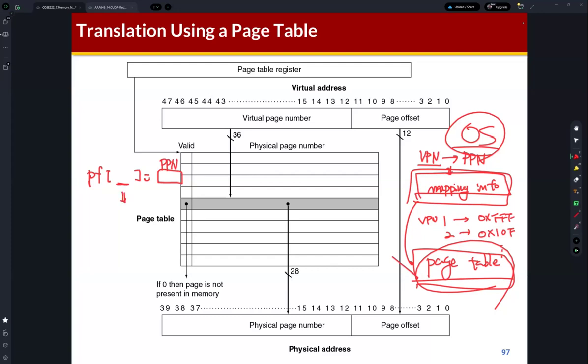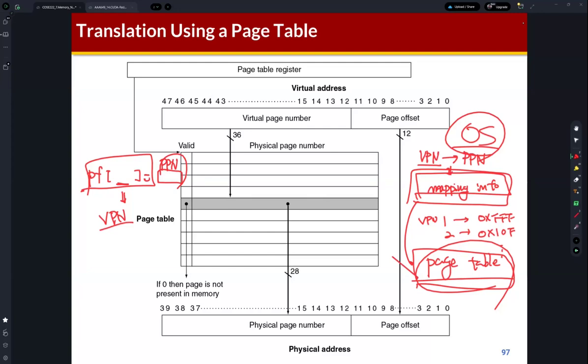The index is the virtual page number. So when a process is launched in a computer system, the operating system creates the page table. This is the data structure, actually an array structure that includes the physical page number.